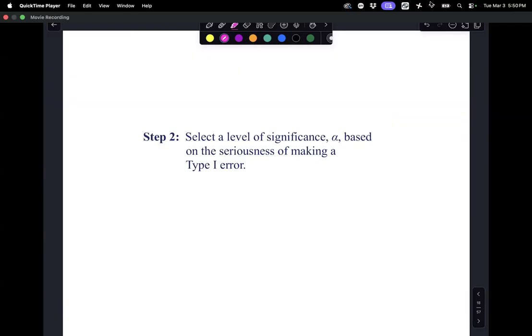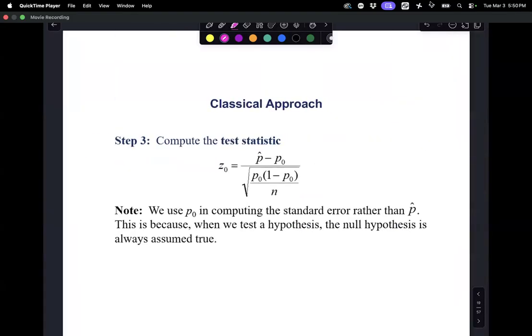But you don't have to choose your alpha. It will be chosen for you every single time. So don't worry about that unless you're doing your own study and then you're going to choose your alpha. Basically, if I do this wrong, if I reject the null hypothesis when I shouldn't, is it going to cause significant issues with whatever it is I'm working on? So we want to make sure that we're making good choices. Okay.